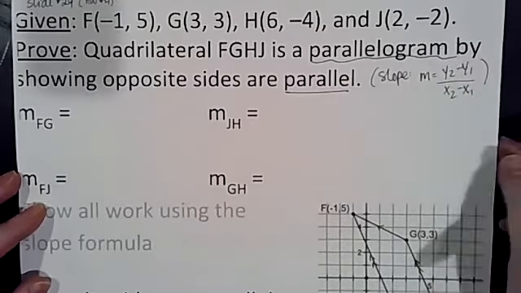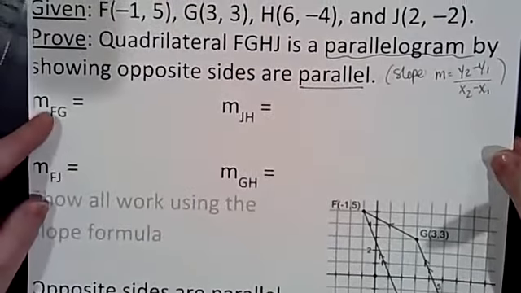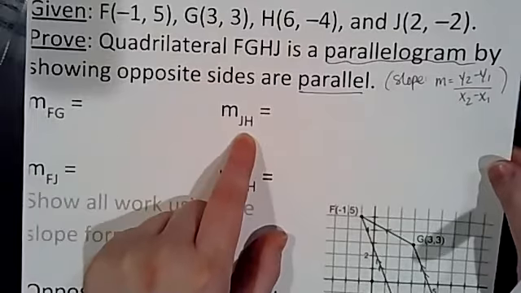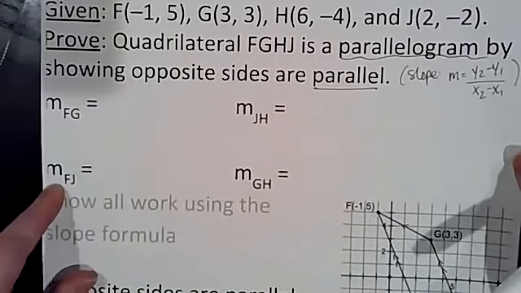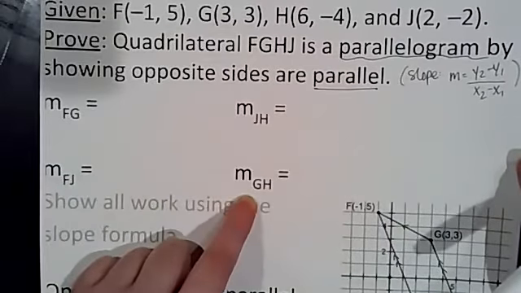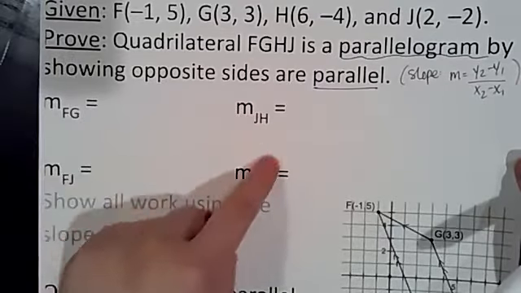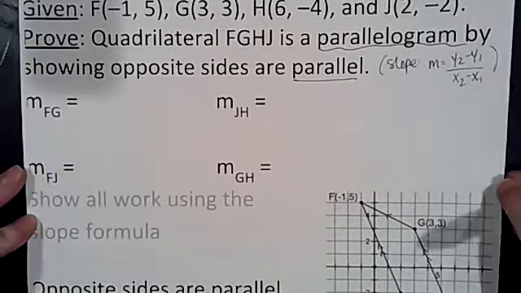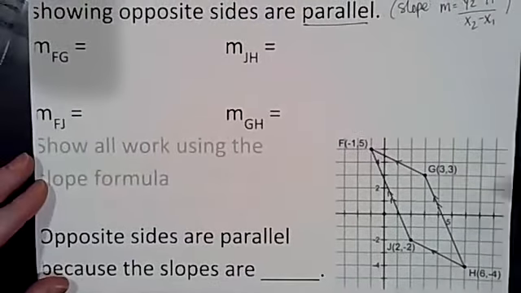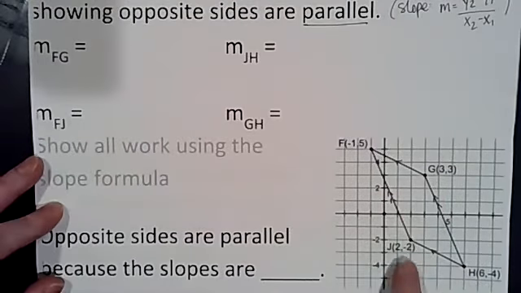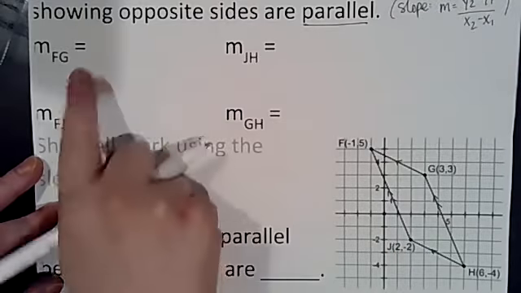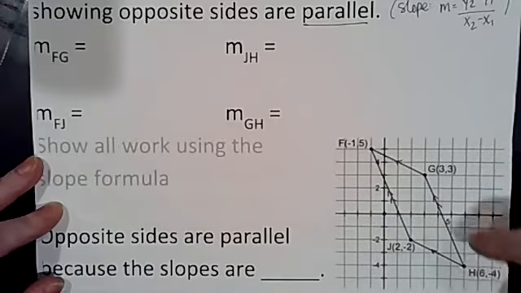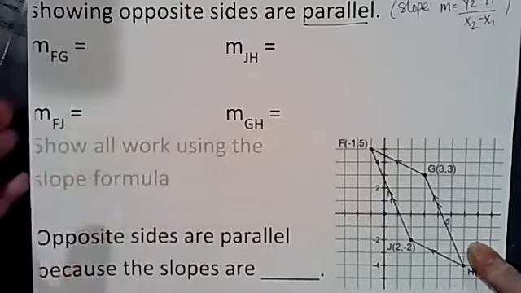You will see these annotations: the slope of F to G, the slope of J to H, the slope of F to J, and the slope of G to H. Typically, this won't be written out for you, but since this is your intro video, we went ahead and did that. That's how I was able to point out that F to G is parallel to J to H, and F to J is parallel to G to H.